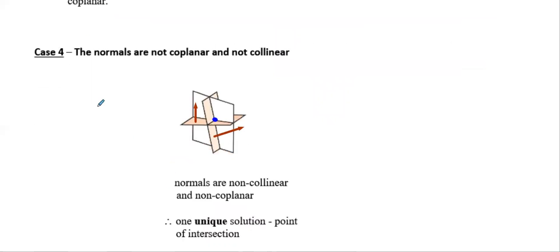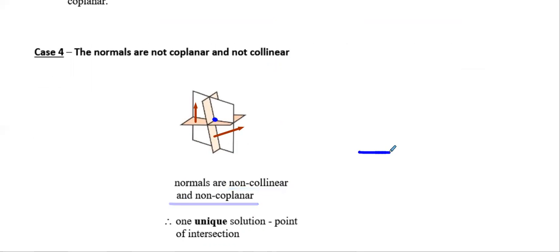And the fourth case is the normals are not coplanar and they are not collinear. So in this particular instance, they're non-collinear, but they're also not coplanar. All right, so what's going to happen there is you're going to get this kind of situation.